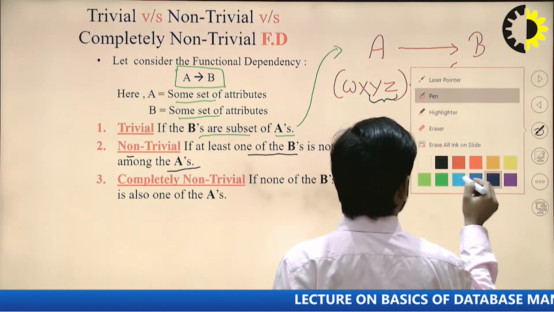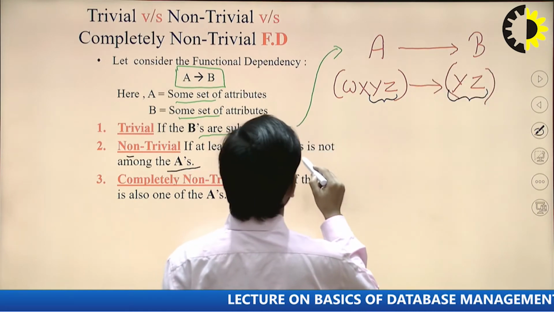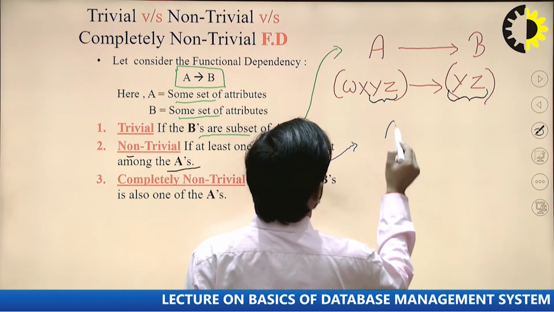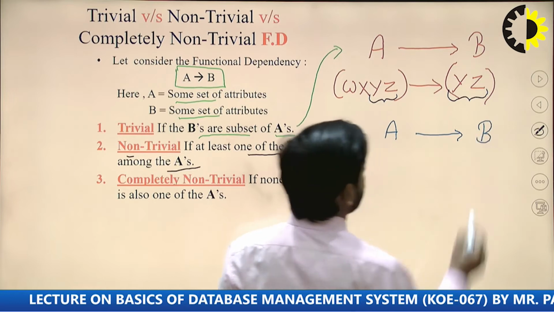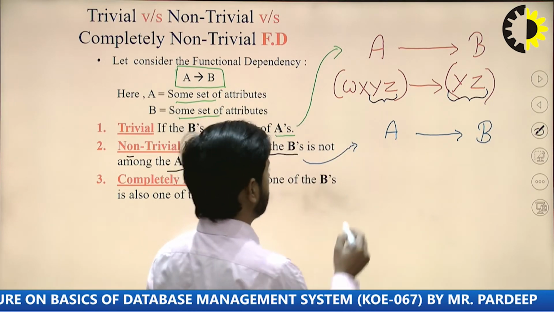Now let's take an example of non-trivial functional dependency. There is A which contains some set of attributes and B which contains some set of attributes.